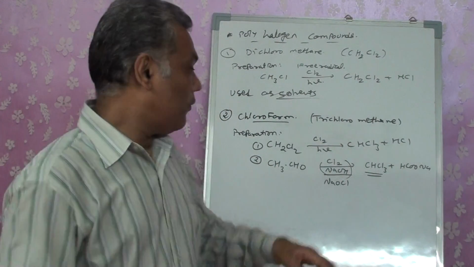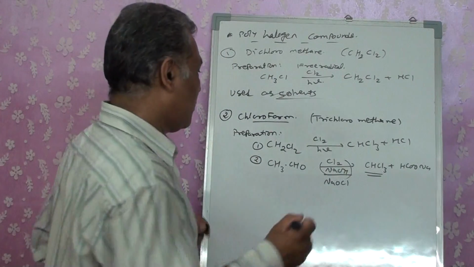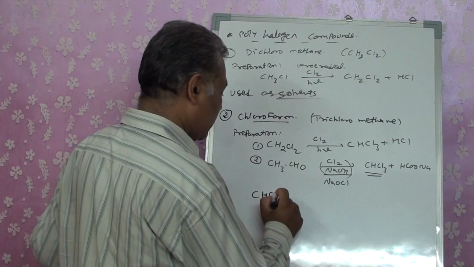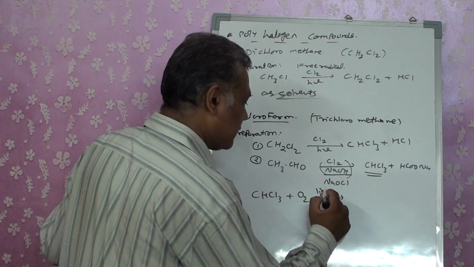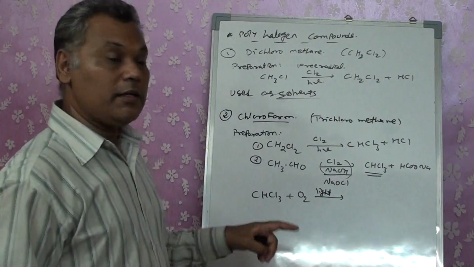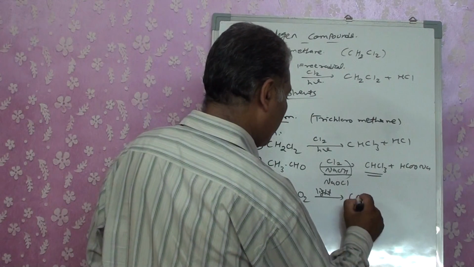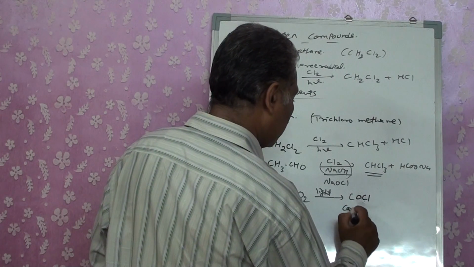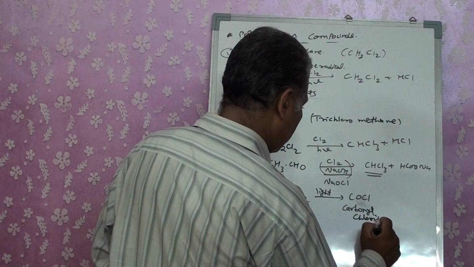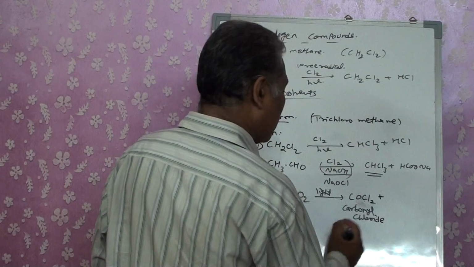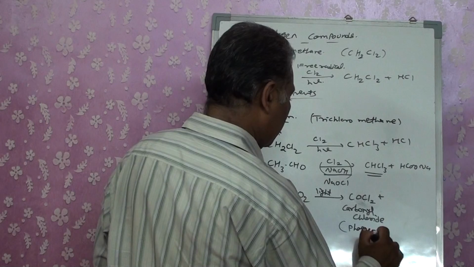The reason is that when chloroform, CHCl3, is exposed to the atmosphere in the presence of light, it reacts and gets converted into carbonyl chloride, COCl2, right? This is known as phosgene.